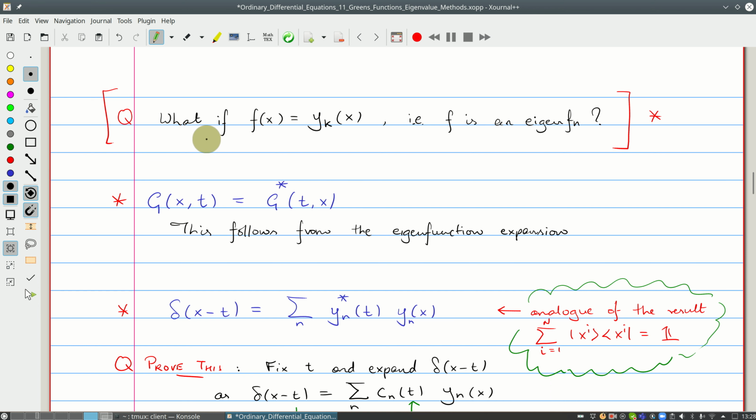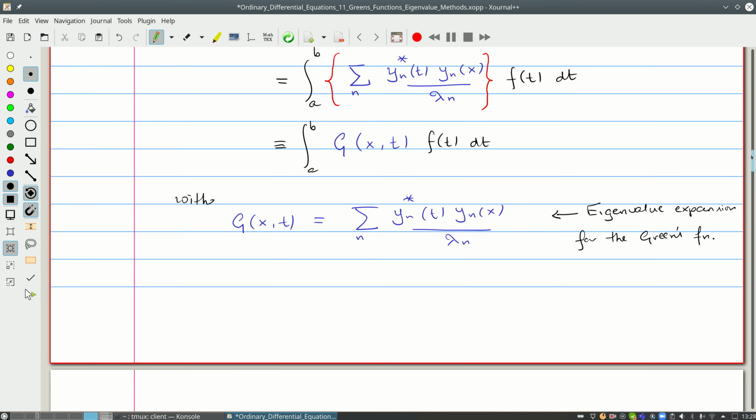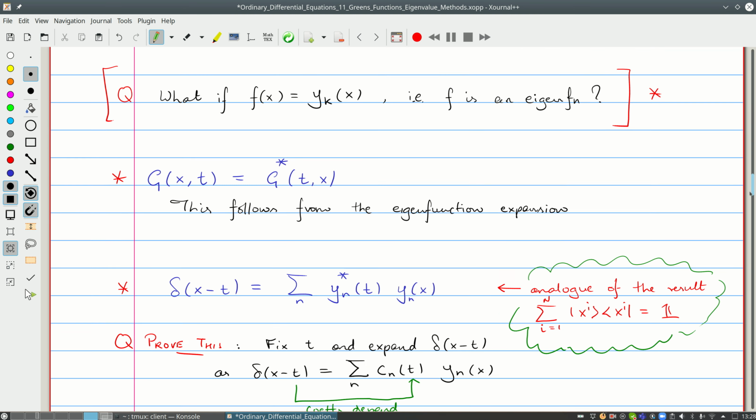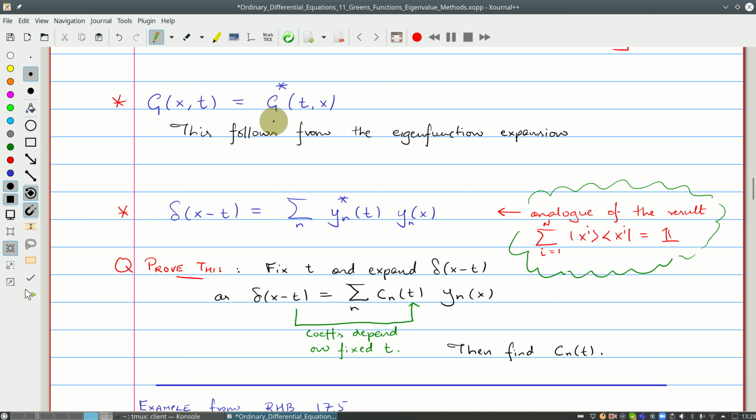Now, I have a question here. In fact, we'll address this soon. What if the function f of x is an eigenfunction of the operator L? What will happen? Will our Green's function work? How will it work? Think about it, or work through it. Now, one thing you can see directly from this expression for the Green's function is that g star of x comma t is equal to g of t comma x, or g of x comma t is equal to g star of t comma x.